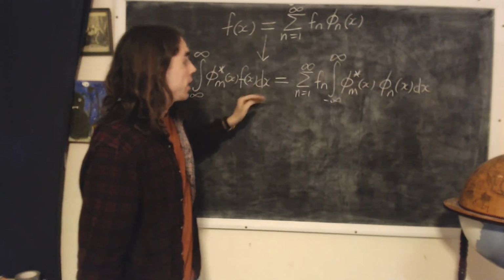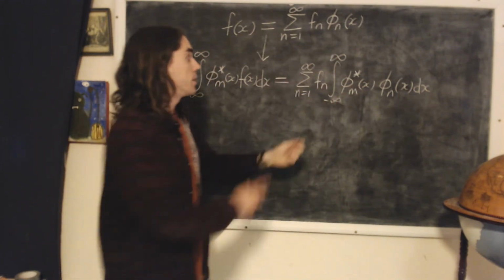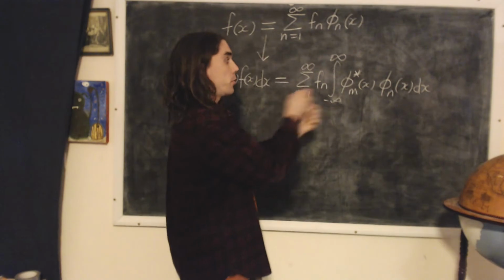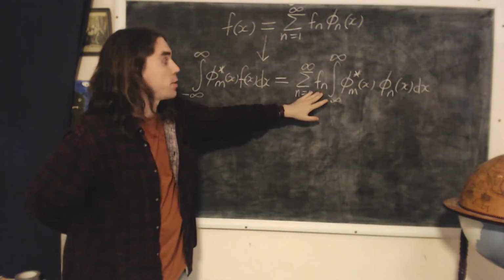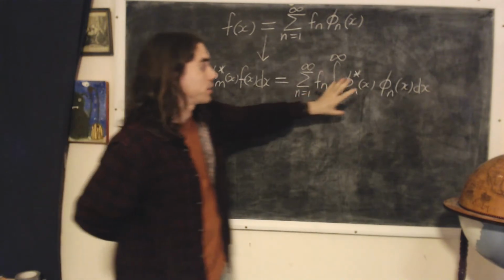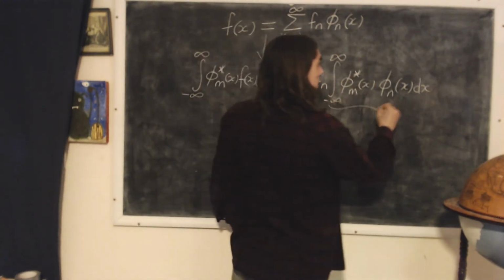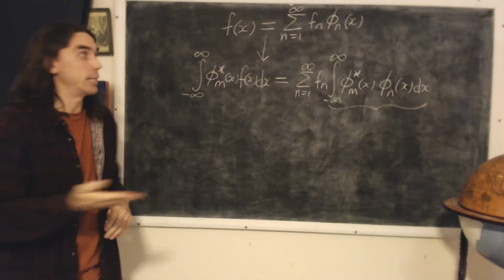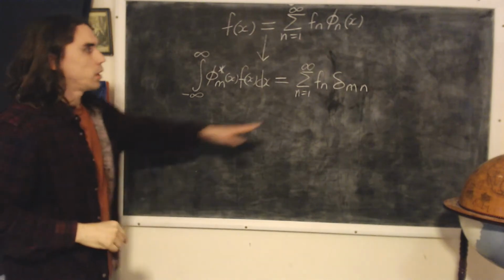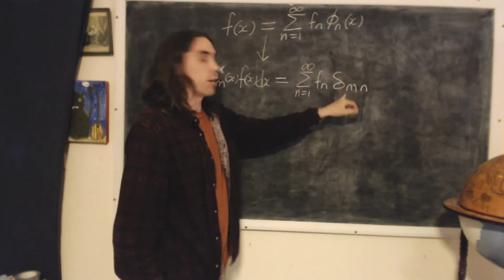The phi m star can pass through the sum, and the integral dx can also pass through the sum, because sums and integrals commute. The f_n are coefficients to be determined, but they're not a function of x, so they can come outside the integral. And so this quantity here, from our orthonormality condition, is just the Kronecker delta, which is 1 if m equals n and 0 otherwise.